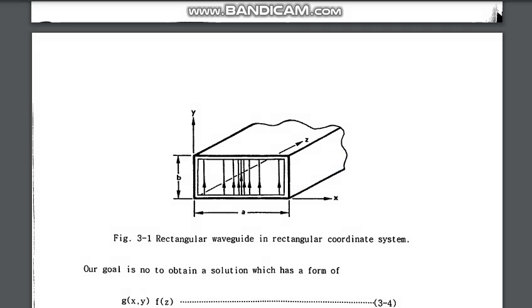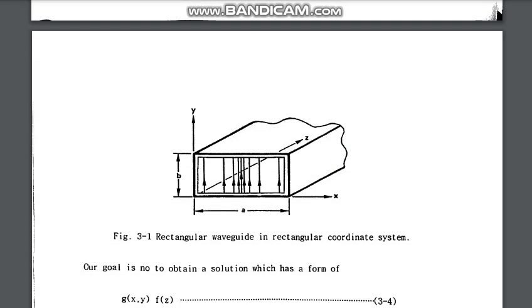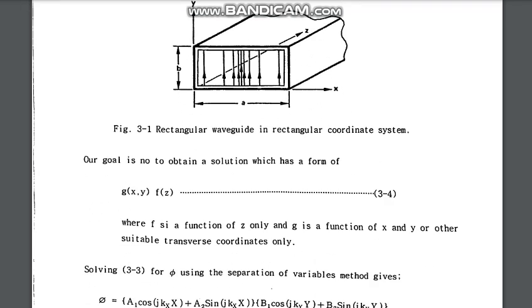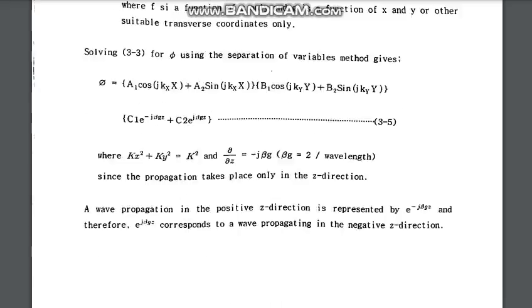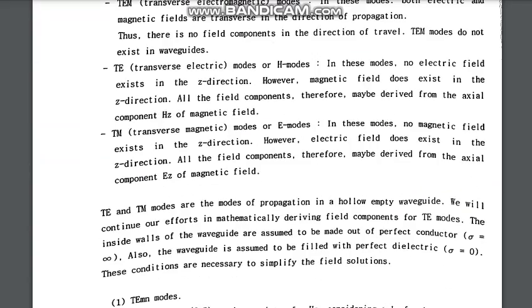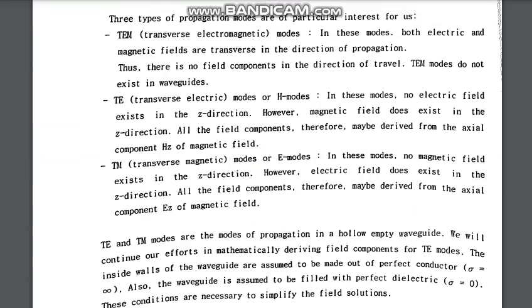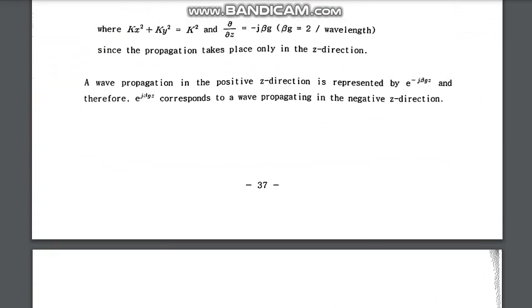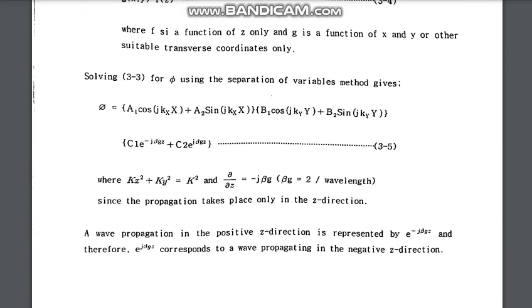Our goal is to obtain a solution of the form g(x, y) f(z), and after solving by the separation of variables method, we get the equation for phi, the final equation.